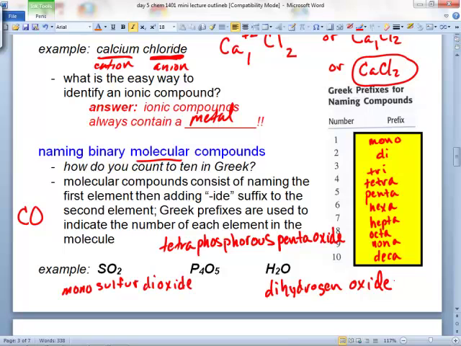She dropped off the mono part. So that's perfectly fine. But dihydrogen monoxide is probably the top-notch way to say it. But this is perfectly acceptable, what she said, because they sometimes drop that mono. Dihydrogen monoxide. Okay.